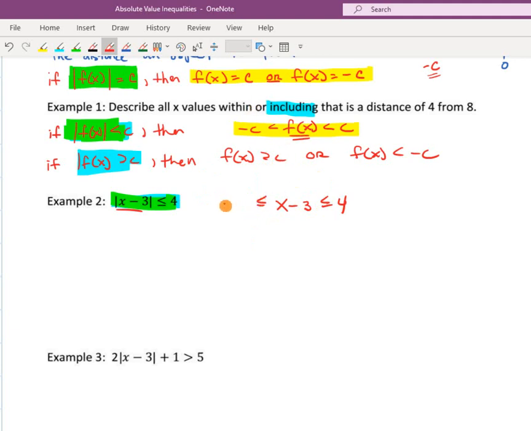So then I make the opposite of c, negative 4. Now we've got one of these inequalities. This is a compound inequality. Treat it just like a normal equation. We've got to do this to all three parts now. So now I get negative 1 less than or equal to x less than or equal to 7.